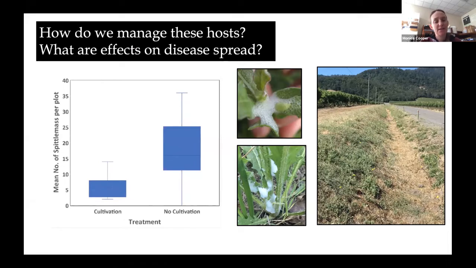But again, that's cultivation. Mowing, unless it's a very, very low mowing or almost a scraping of those hosts, doesn't reduce the amount of plant material that's available enough because the spittlebugs are feeding so low on those alternate hosts.